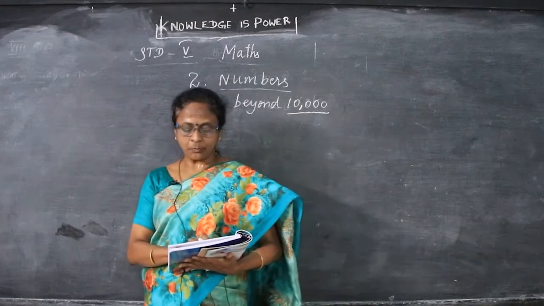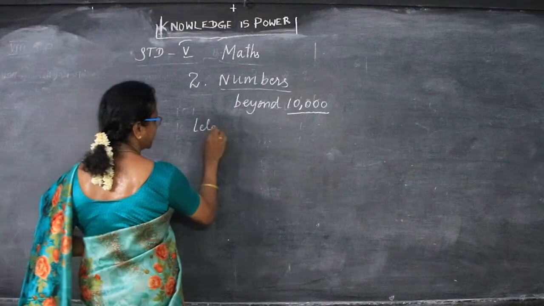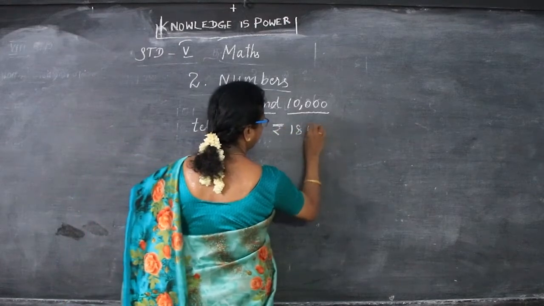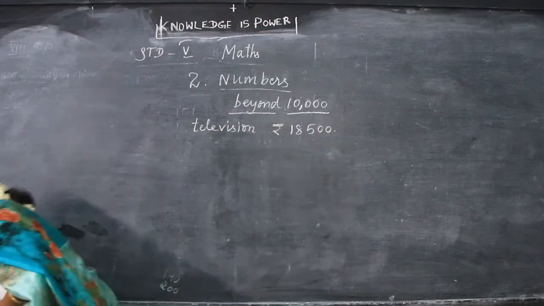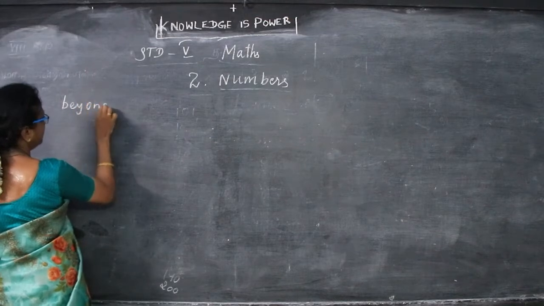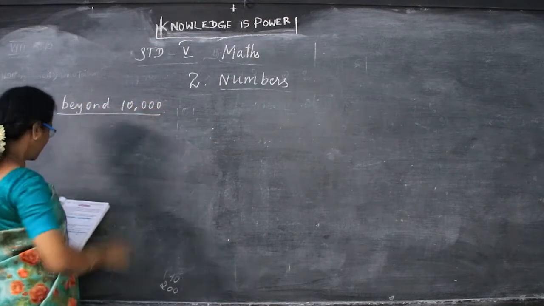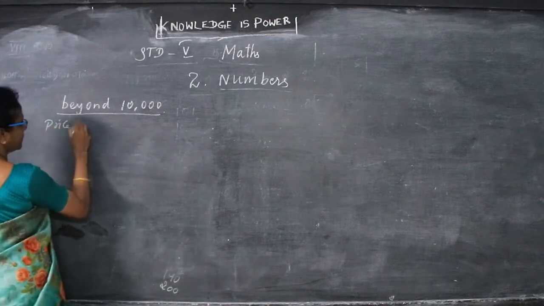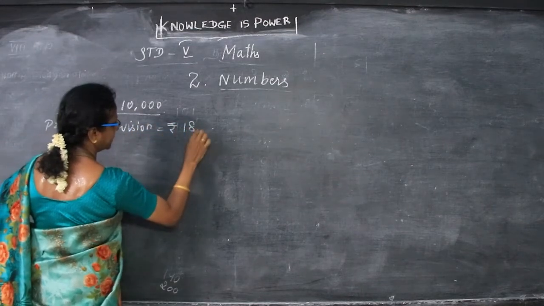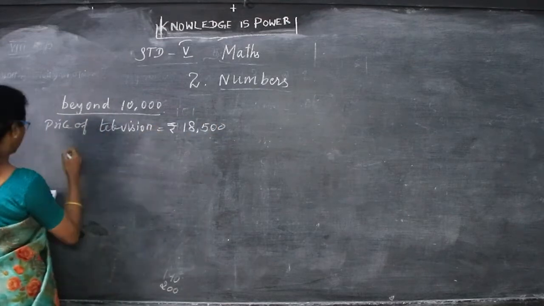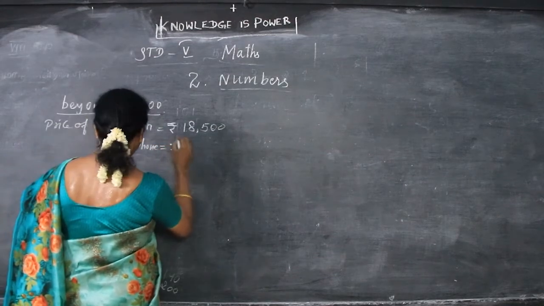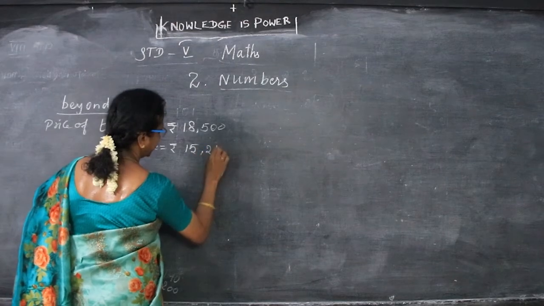The price of a television is rupees 18,500. Beyond 10,000, here they have given one sum. What is the price of a television? Rupees 18,500. Price of a mobile phone is equal to rupees 15,250.